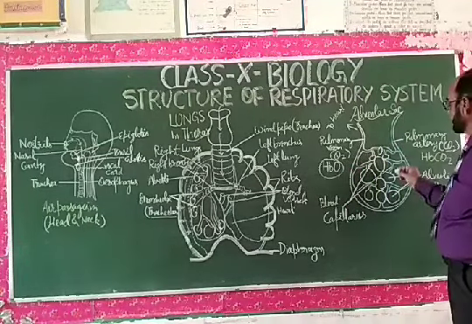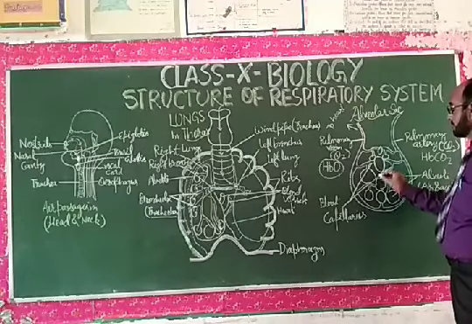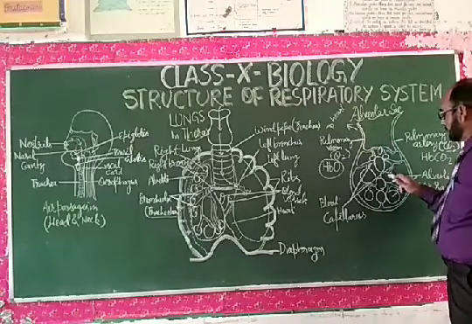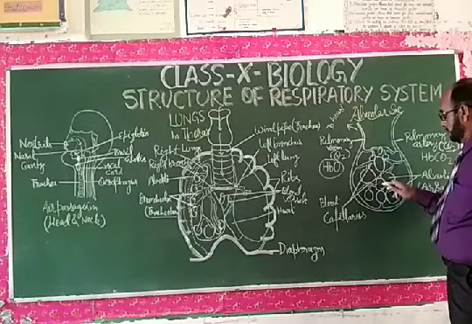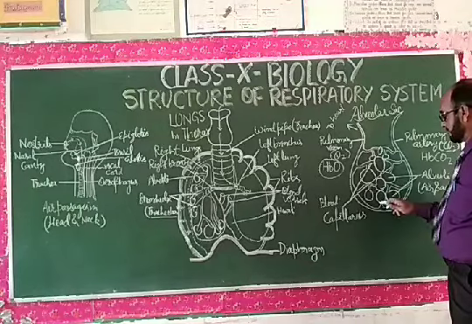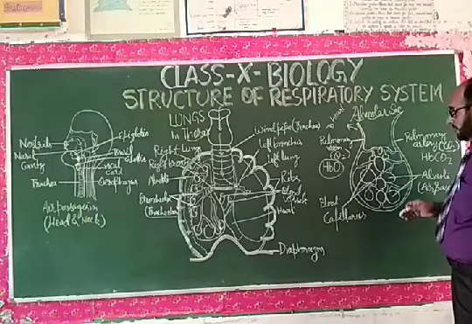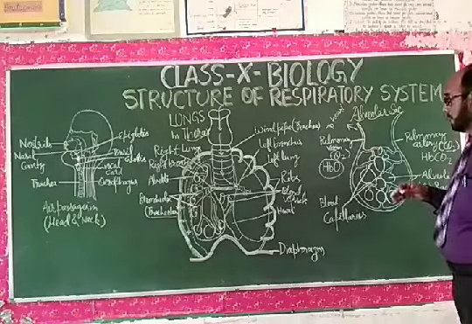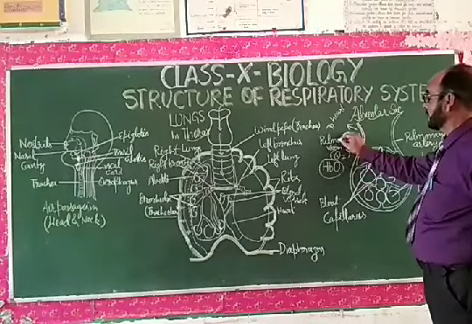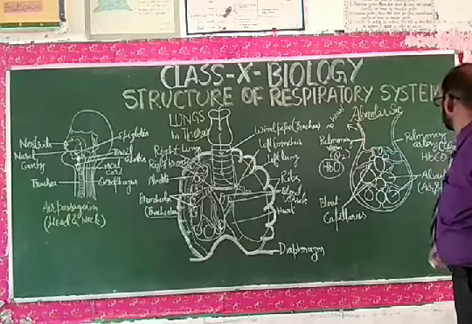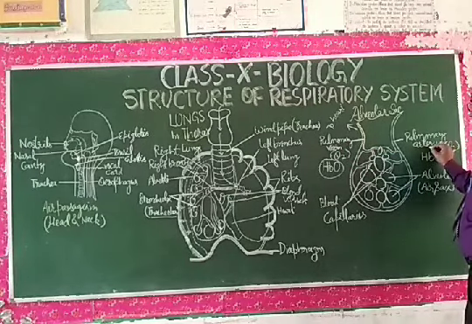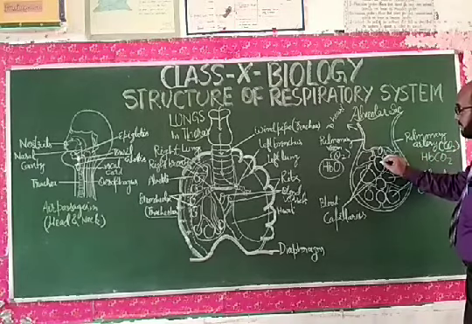Dear students, inside it, these pulmonary vein and pulmonary artery open into the air sacs where gaseous exchange takes place, and by the process of diffusion, oxygen gets diffused into the blood in the pulmonary vein, and the carbon dioxide which is coming from the pulmonary artery gets diffused into the air sac.